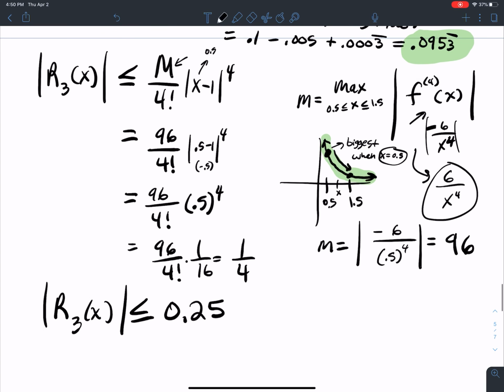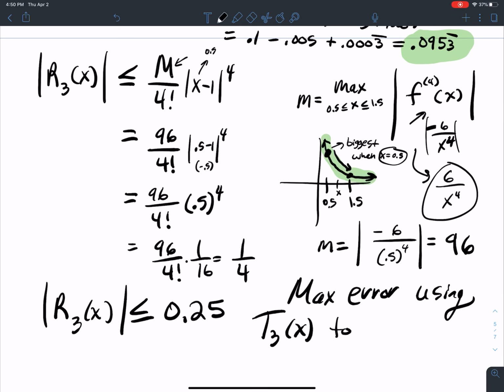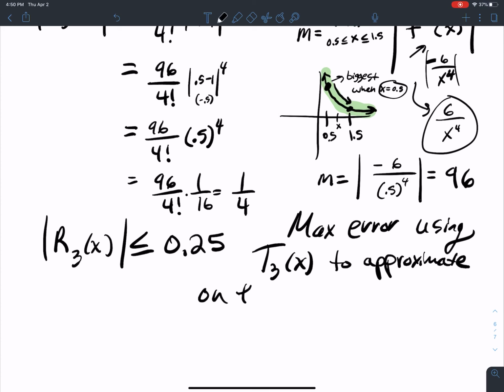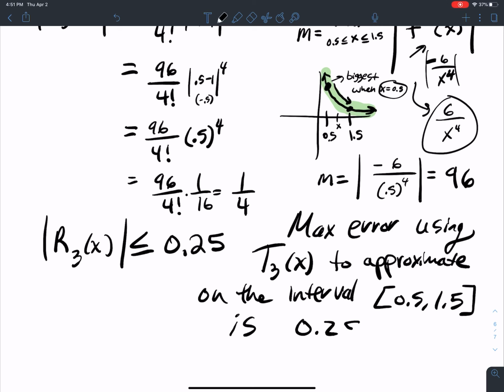So what does that tell me? The max error using T3 of x to approximate on the interval 0.5 to 1.5 is 0.25.